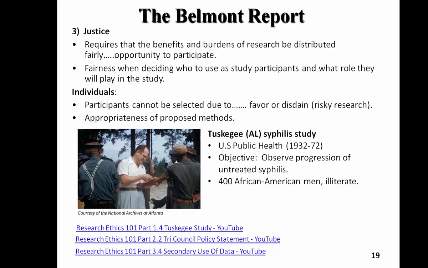The participants included approximately 400 African American men who could not read and therefore could not provide informed consent.